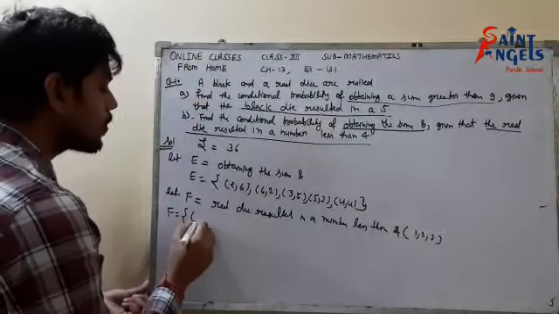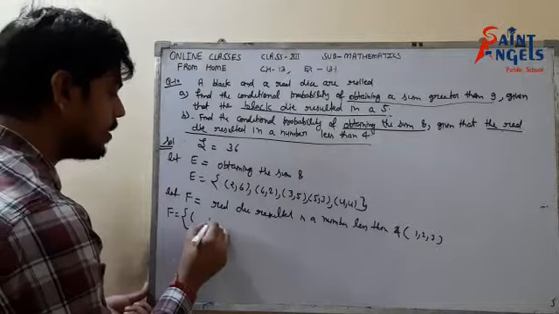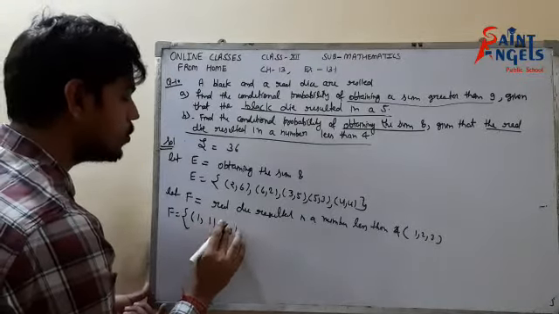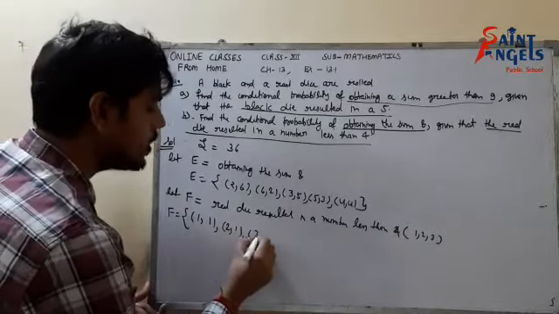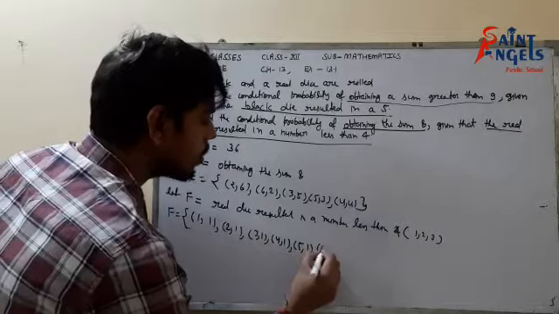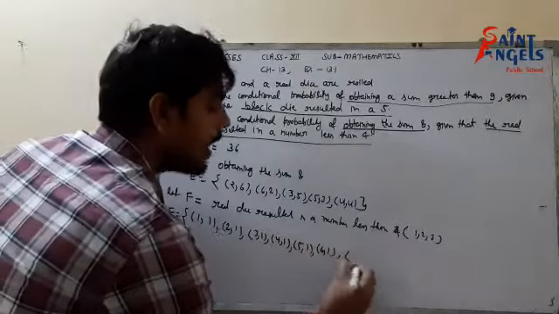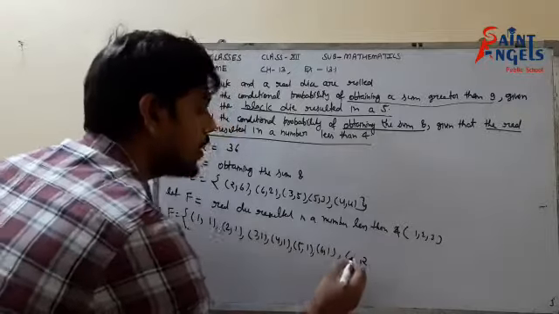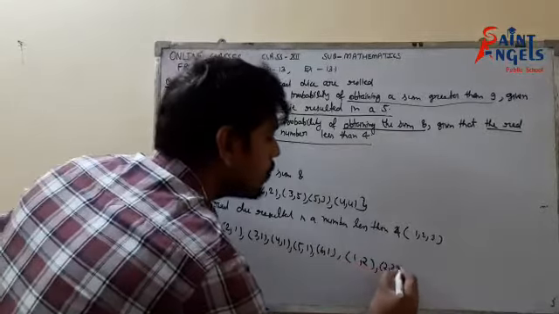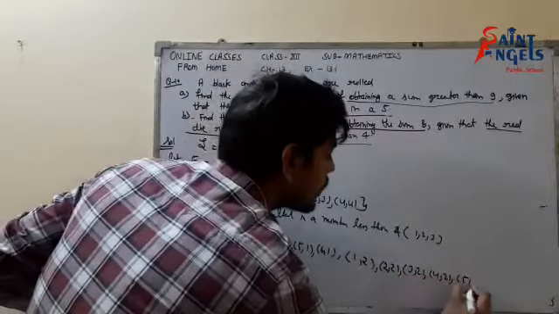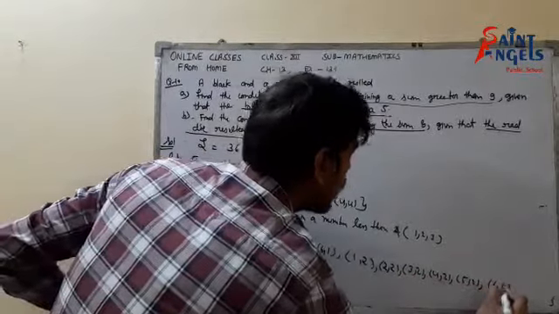Suppose on the red die there is 1, then on black there could be 1, 2, 3, 4, 5, 6. On the red die there is 2, then on black there could be 1, 2, 3, 4, 5, 6.